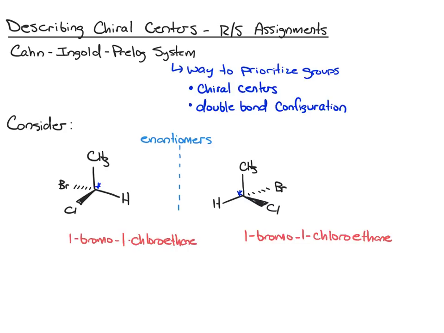And that's where the R/S assignments come in. In this first enantiomer, the chiral center has an S configuration, or an S assignment. In the other enantiomer, the chiral center has the R assignment.